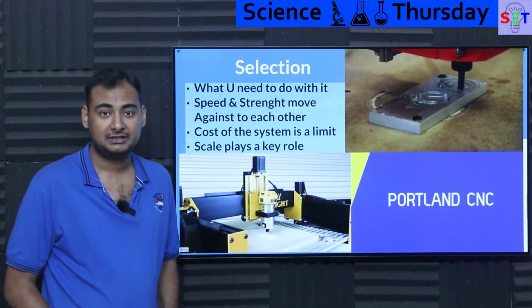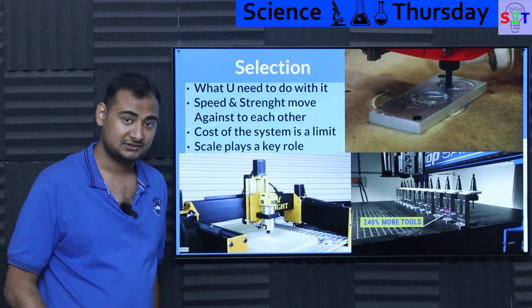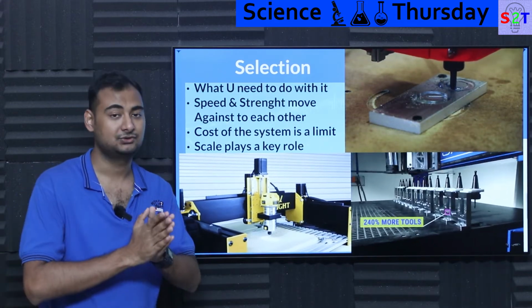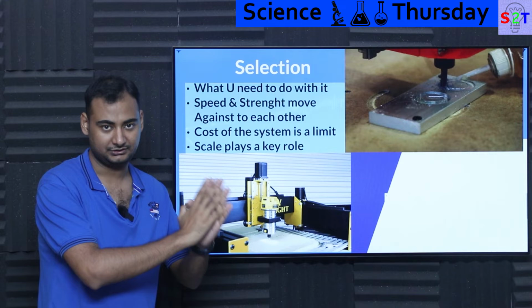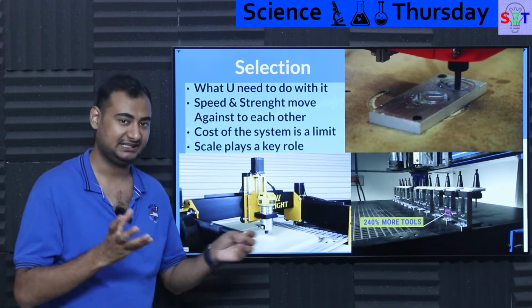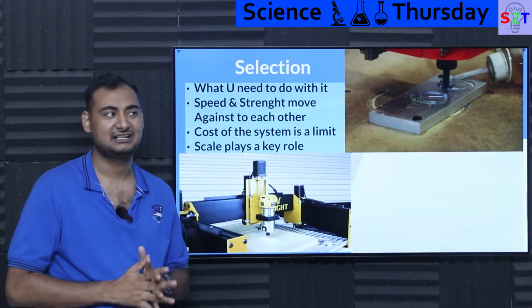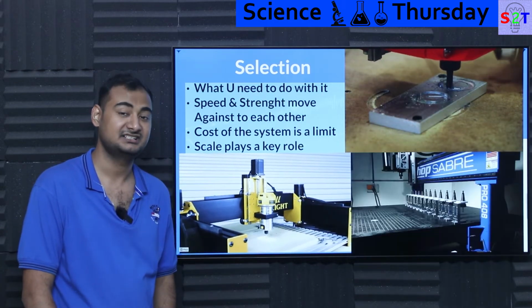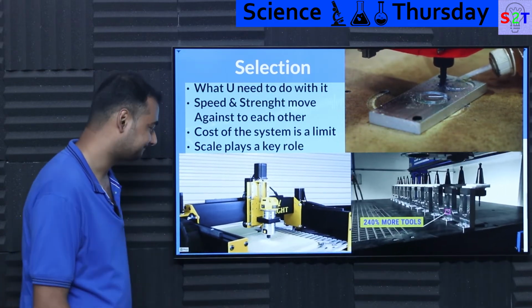If you are dealing with stuff that requires a unique advantage of CoreXY, you will choose CoreXY. So you have to think about all the vectors before choosing the right algorithms for your system. How the heck are you going to move X, Y, and Z? A 3D printer is one of those things that has almost everything. Somebody actually built a router style 3D printer also for some reason, but yeah, it also exists.